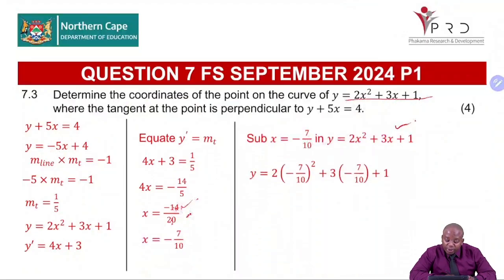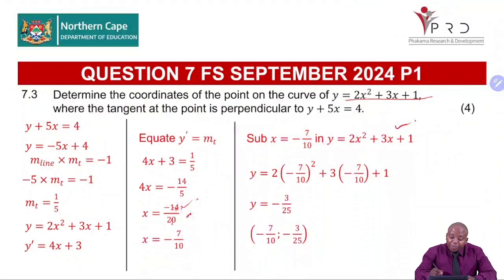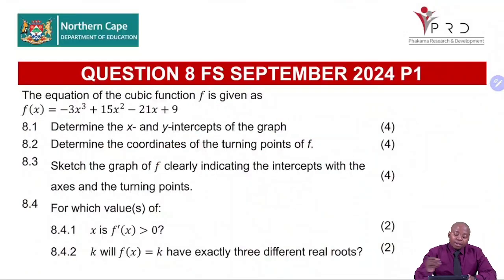Whenever there is x, I put in negative 7 over 10. Then I get my corresponding y value as negative 3 over 25. Then that is the point that is found there, which is negative 7 over 10, negative 3 over 25.